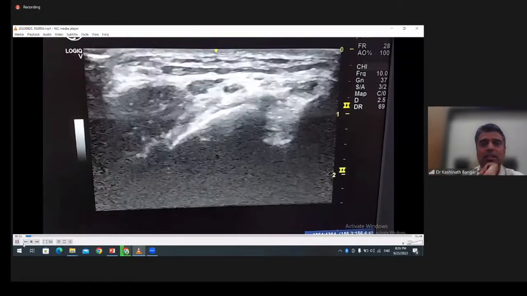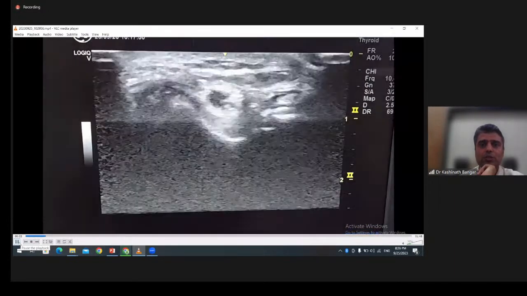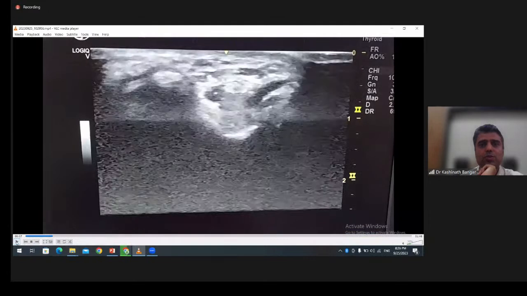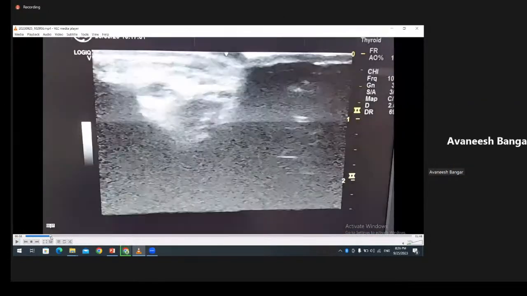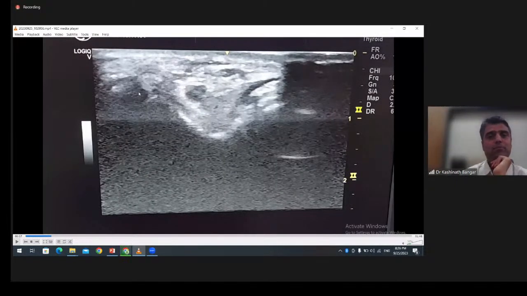Now, I'll explain everything. So, the probe is kept at the cubital tunnel. This is the medial epicondyle. This is the olecranon, and you can see the Guyon's canal here.